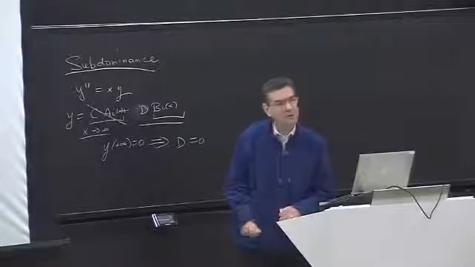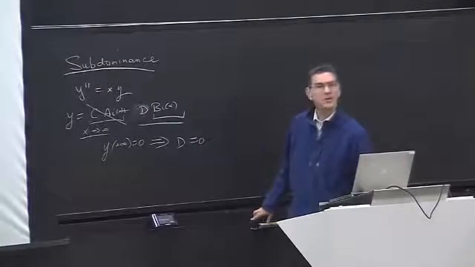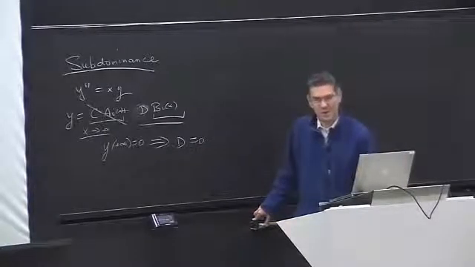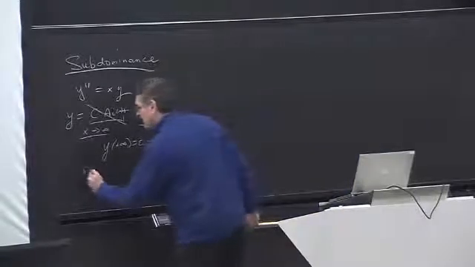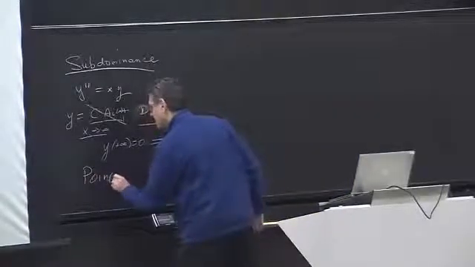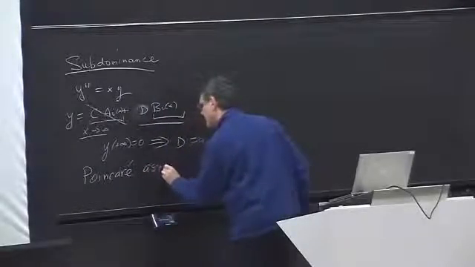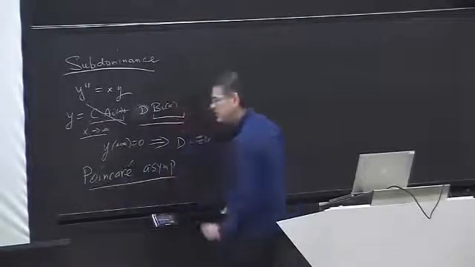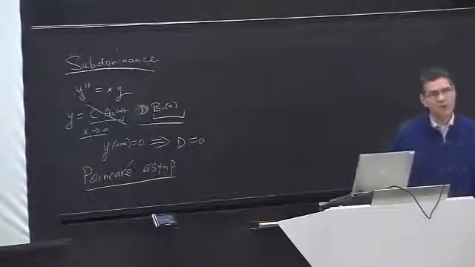It's very interesting. You might call this naive asymptotics. Okay, this is called Poincare asymptotics, and what I've just said to you is early 20th century asymptotics.